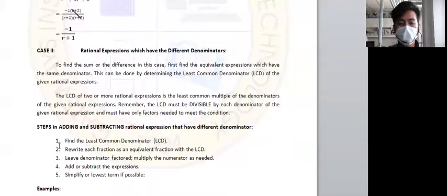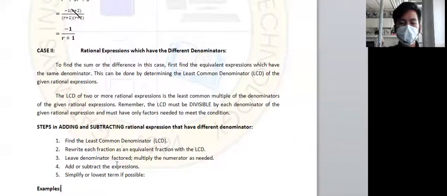So these are the steps in adding and subtracting rational expression that have different denominator. So step number 1, we need to find the least common denominator or tinatawag po nating LCD. So second, we need to rewrite each fraction as an equivalent fraction with the same LCD.